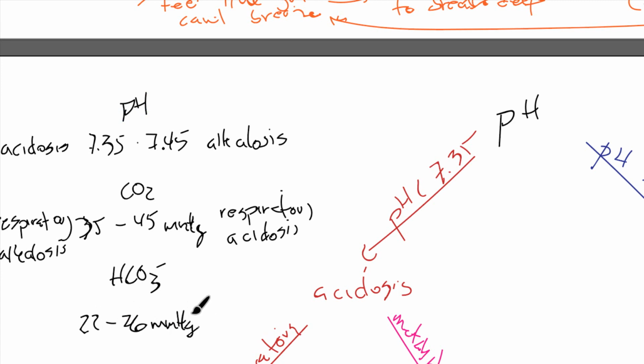These are often called arterial blood gases because CO2 is a gas in the blood. If you're lower than 22, then this is going to lead to metabolic. Again, if the problem is bicarb, then it's metabolic. This is going to be metabolic acidosis. Not enough bicarb. If we're above 26, then this is going to be metabolic alkalosis.